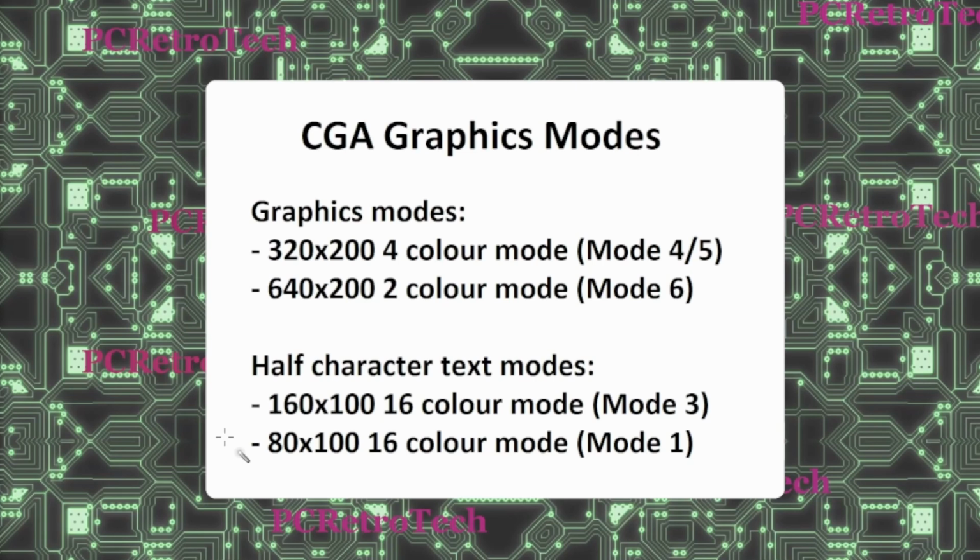So this was with snow in the case of the 80 by 25 mode on original hardware, but later clone CGA cards didn't have that limitation. The 40 by 25 mode doesn't have any snow, so there was no problem there. But that's what you were limited to just with the official modes and a few tweaks.